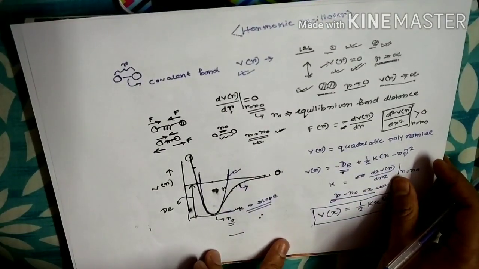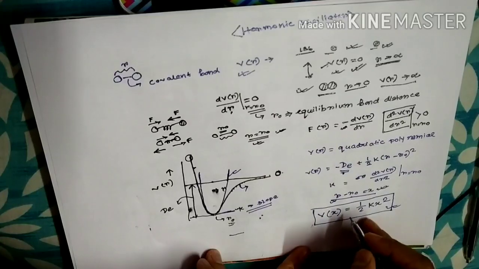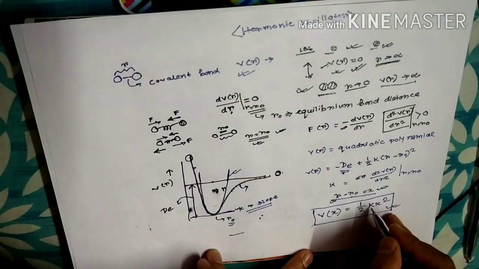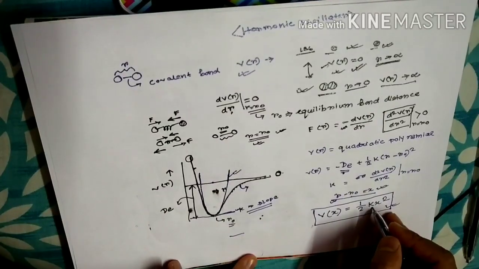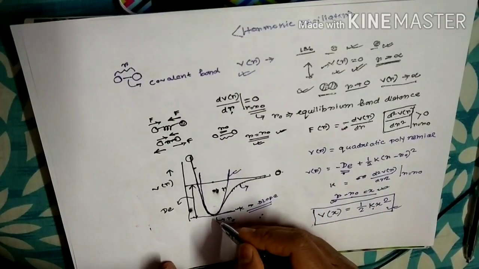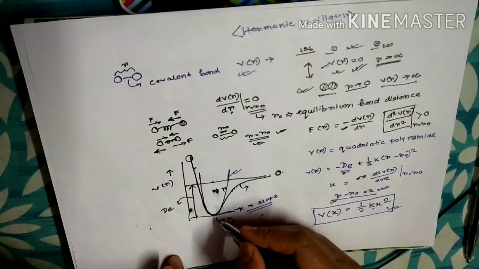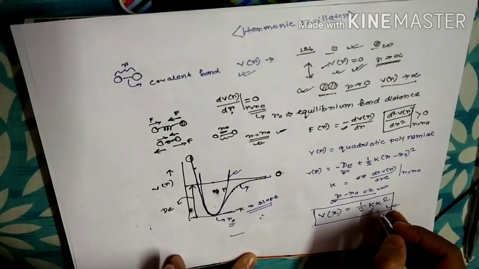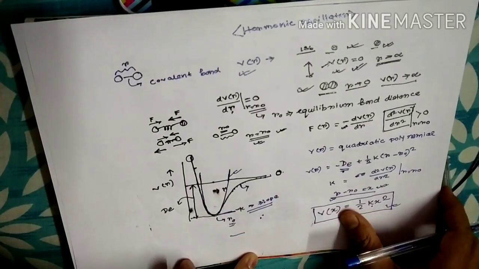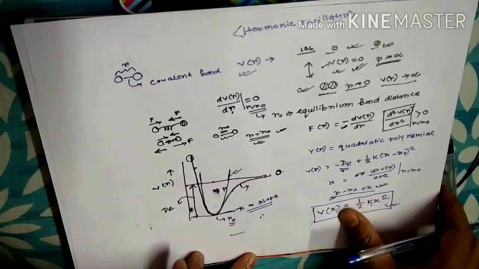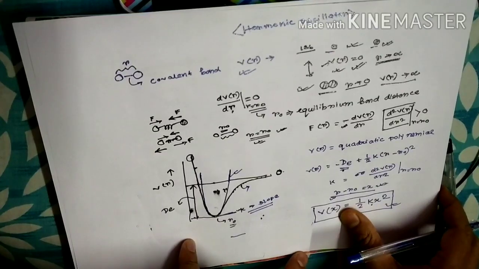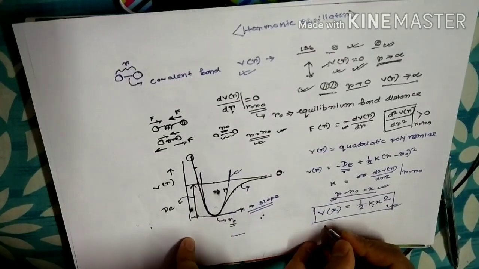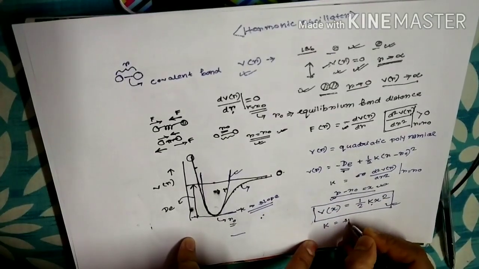So you can see that the potential energy function is half kx squared, where k is nothing but the curvature of the parabola at r equal to r0. At the minimum point, the curvature of the parabola is defined as k, or we can say that k is the stiffness of the parabola, and sometimes we call this k value the spring constant.